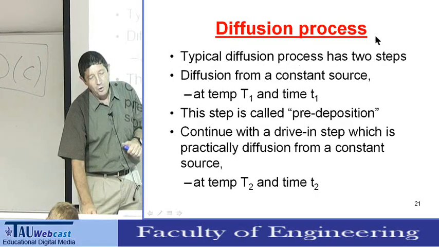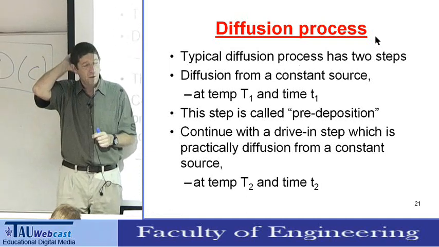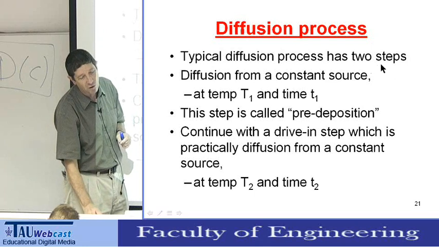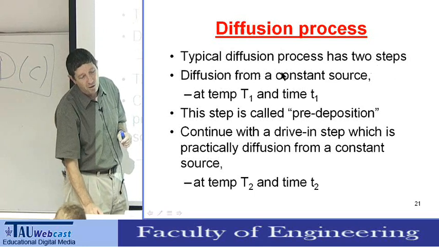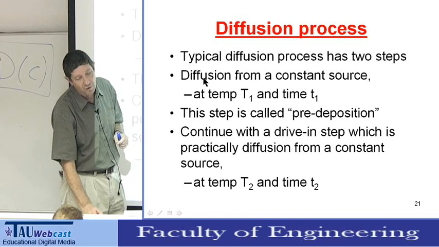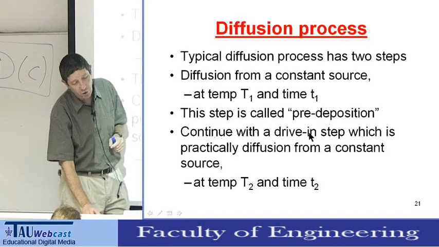Now, I summarized in the following slides the old diffusion process from before ion implantation. Typical diffusion has 2 steps. First, diffusion from a constant source, which is called predeposition, and then the drive-in step.